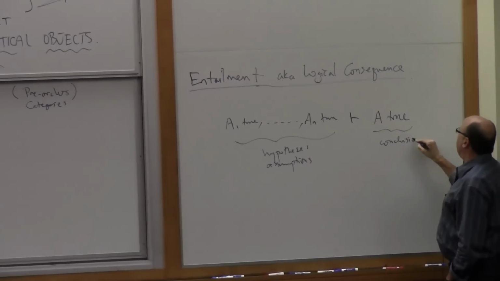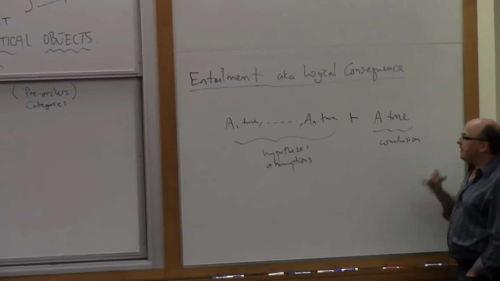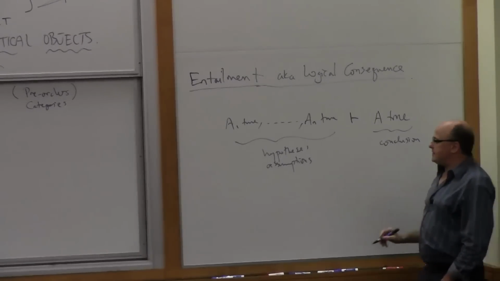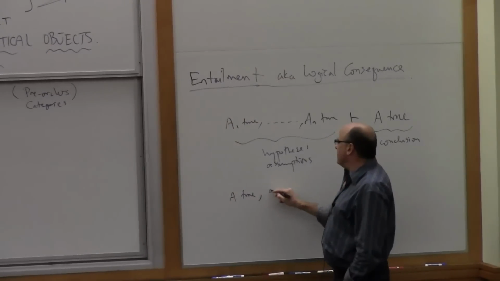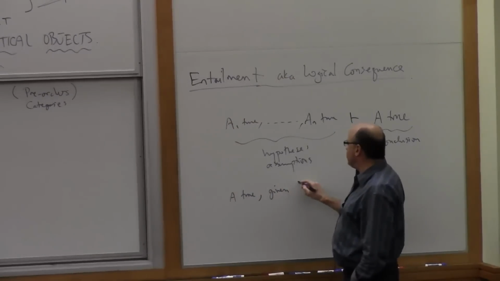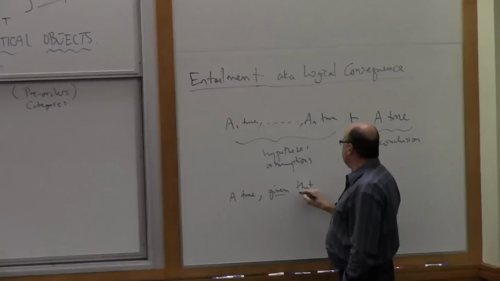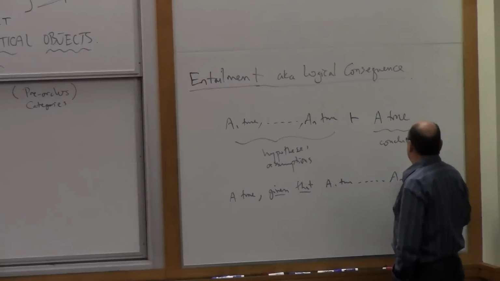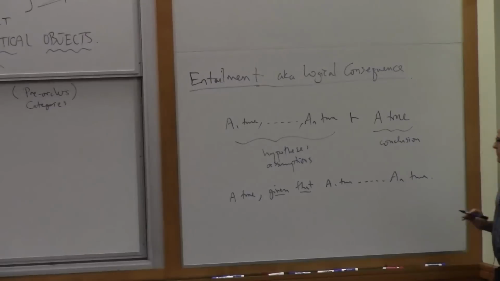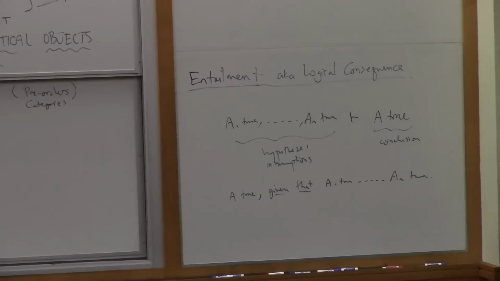That's typical terminology. The idea is that A is true, given that, and now everything resides in the given, that A1 is true and various other things, AN, are true. That's the basic reading of this.